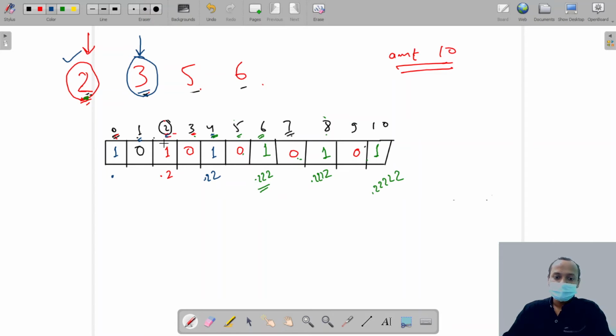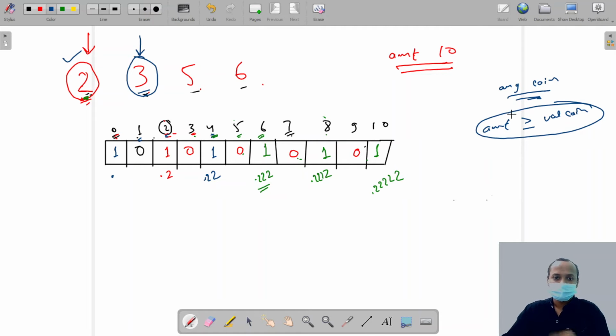No, we can't. So it means if we choose any coin, there is a condition: the amount should be greater than or equal to the value of that coin, right? So we can choose that coin. Okay. So if we want to choose 3 rupees coin, we have to start from here, 3.